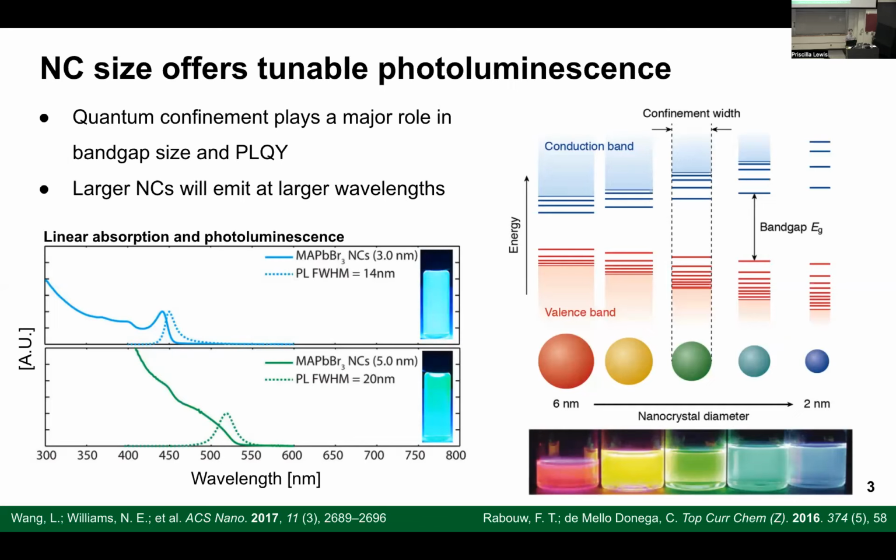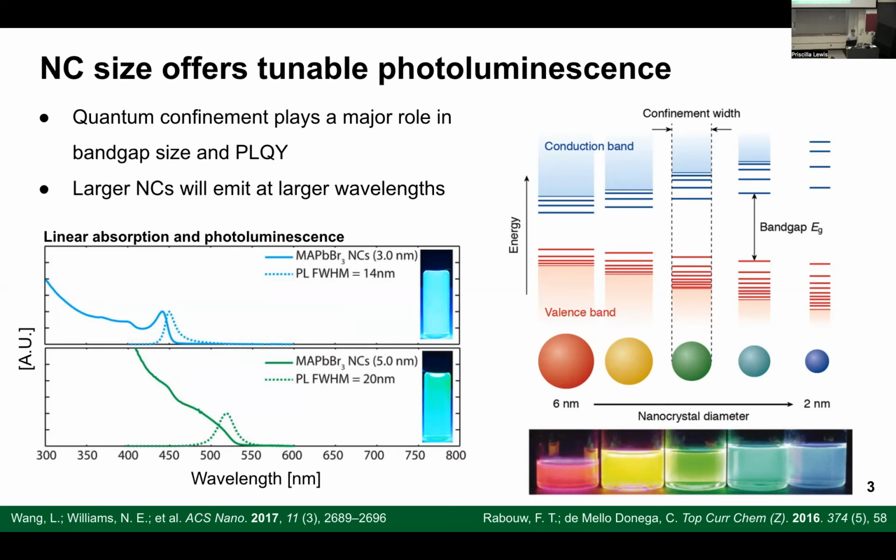We see two major quantum effects that influence the fluorescence of our nanocrystals. First is quantum confinement, where as our nanocrystals get smaller, this changes their electronic structure, widening their band gap. Now, because energy is inversely proportional to wavelength, we see a decrease in the wavelength signal associated with absorption and emission.